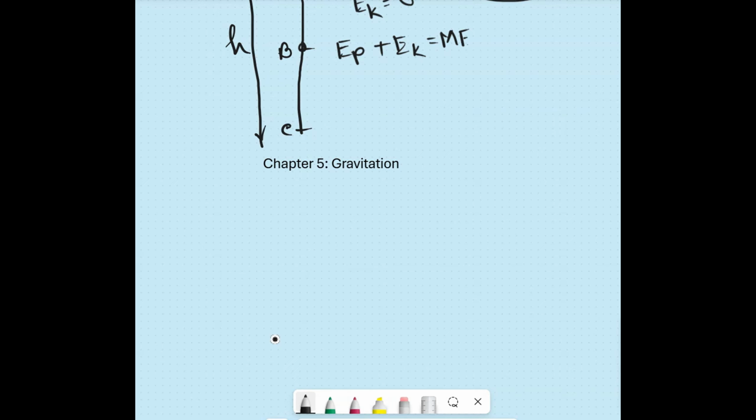Chapter 5, gravitation, right? Here we have to know about gravity and gravitational force. So what is gravitational force?